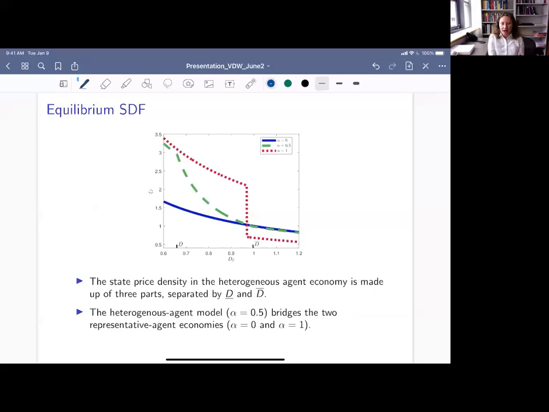This gives us high prices and low expected returns for assets that pay off in these states. So the expensiveness of low moneyness puts will come out very naturally. And then the steep slope, especially in the middle part, will generate excess volatility in the model, because it tells you how prices change when the dividend moves around.